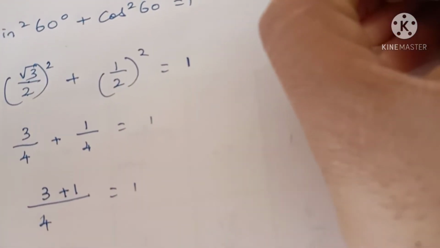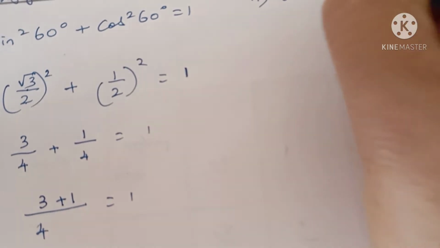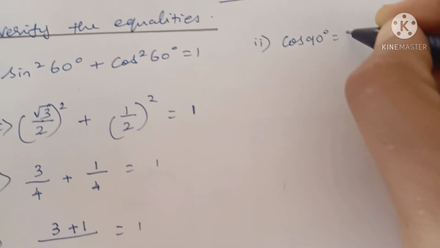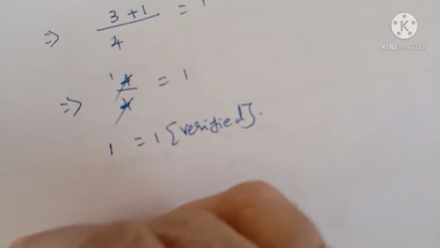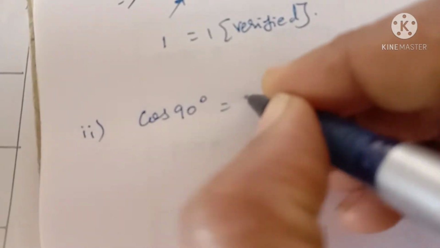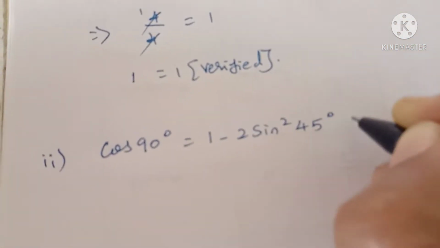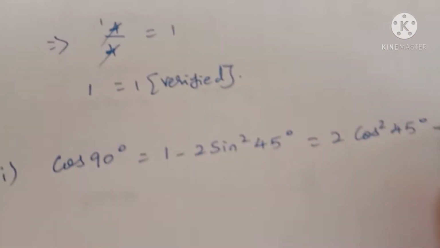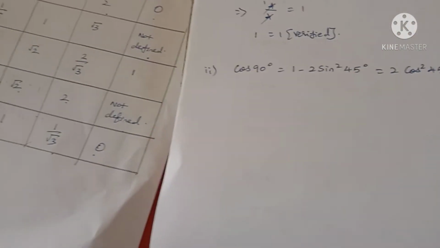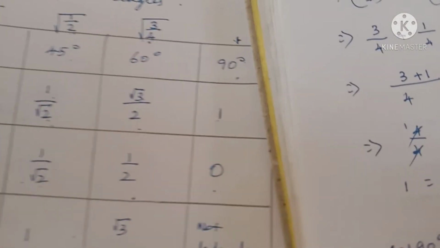Second question, cos 90 degree is equal to 1 minus 2 sin square 45, is equal to 2 cos square 45 minus 1. So first cos 90.